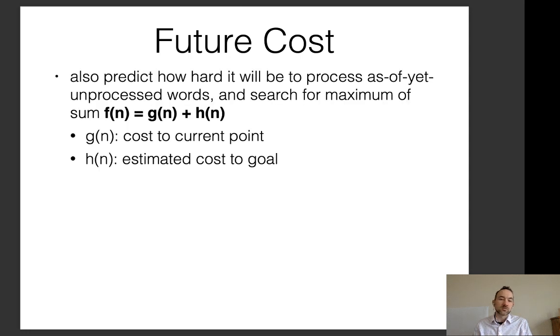Normally we search based only on the log probability or the cost up until the current point. But in addition to this, we estimate the full cost to the end of the sentence and add these together to search.